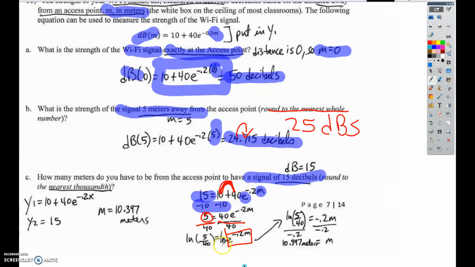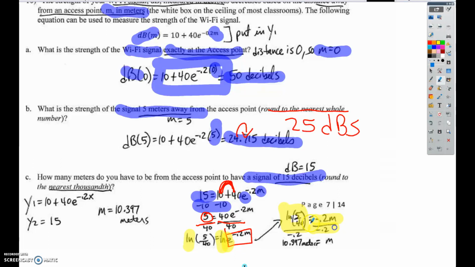When you get to this stage, it is time to use our natural log. Natural log is used so that I may cancel out the e. When I cancel out the e, the left side still is a natural log. The right is now, after ln gets rid of e, negative 0.2m.